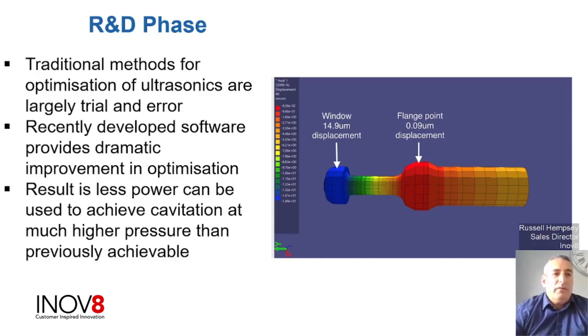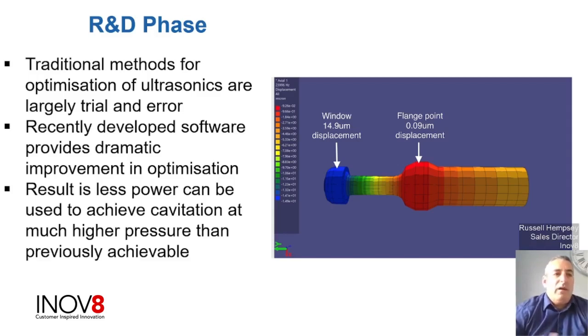So the software that we have been using to effectively design and simulate this desired transducer has saved us months and years of build and test time, and it's allowed us to produce a transducer that is ultra efficient and very effective.